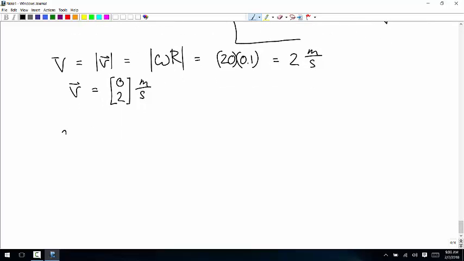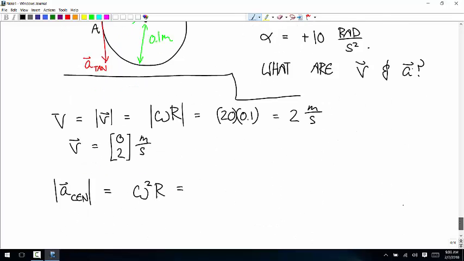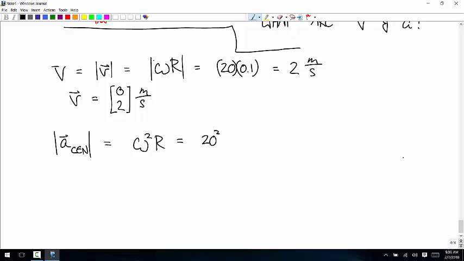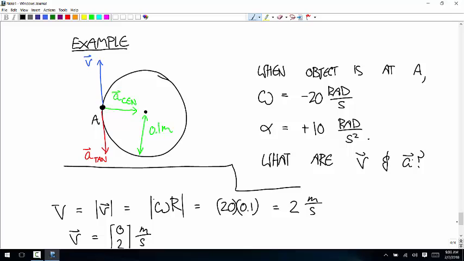And now for the acceleration. For the magnitude of the centripetal acceleration, that's v squared over r or omega squared r, whichever one you want to use. So omega squared r is 20 squared times 0.1. It works the same way as velocity and acceleration.